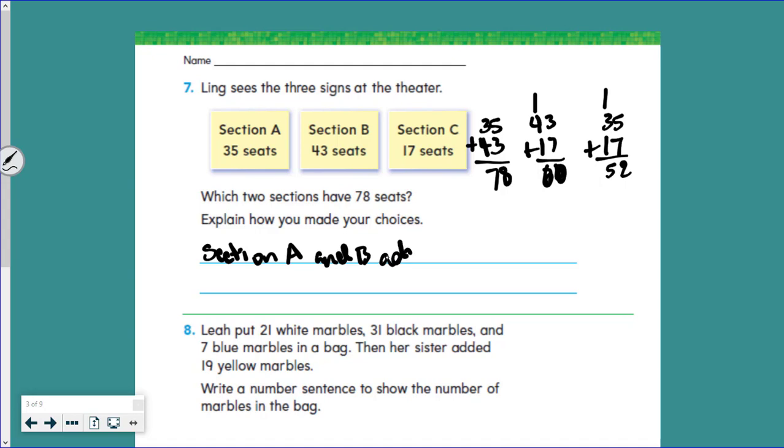Added together equals 78 seats. Pretty straightforward one right there.